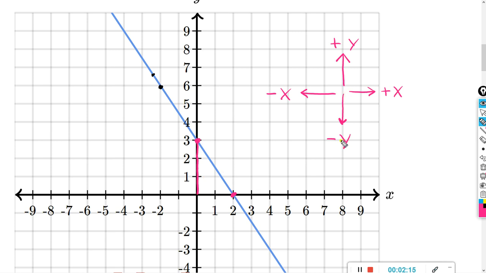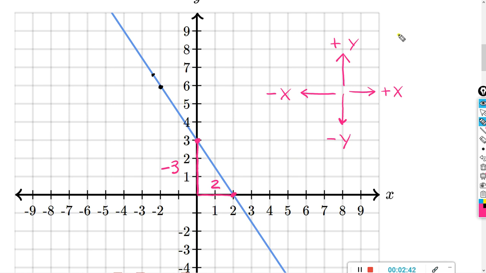Since I went down, that's in the negative direction, so this right here is going to be -3. And now from this point, I'm going to travel to this point. I have to travel to the right 1, 2 units. Since I went to the right, that's in the positive x direction, so that's going to be a +2.